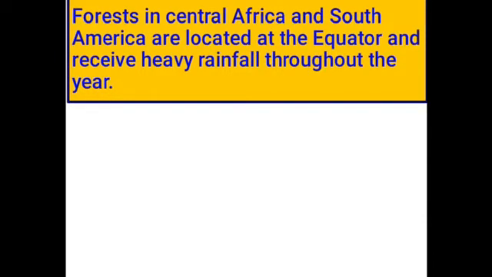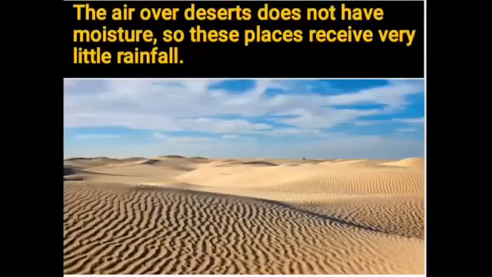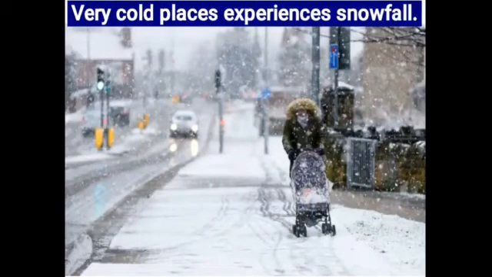Forests in Central Africa and South America are located at the equator and receive heavy rainfall throughout the year. Whereas the air over deserts doesn't have moisture, so these places receive very little rainfall. Whereas due to low temperature in regions like northern Norway, northern Sweden and Siberia, snowfall is experienced.